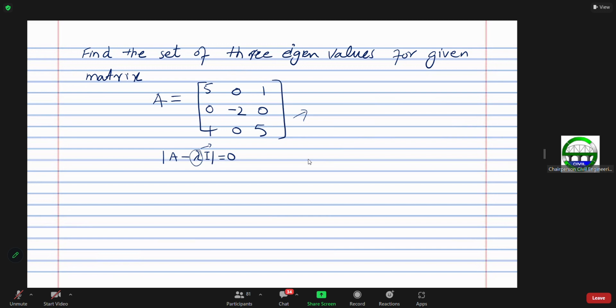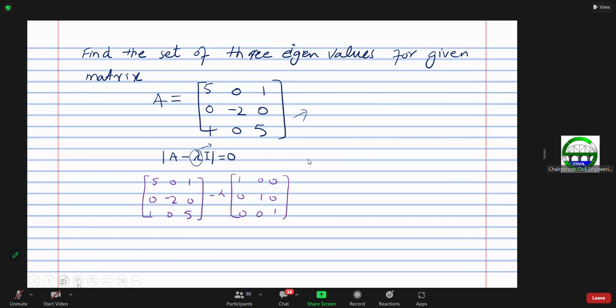Okay, I think it's kind of difficult for you guys to get the lambda values. Okay, so let me try as well. And this is the determinant. So I have the value of A equal to 5, 0, 1, 0, minus 2, 0, 1, 0, 5, and minus lambda I, where I is equal to 1, 0, 0, 0, 1, 0, 0, 0, 1, right?